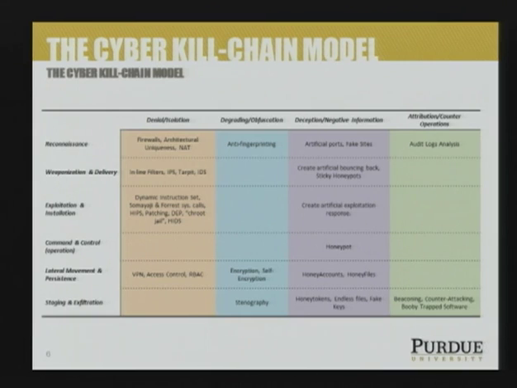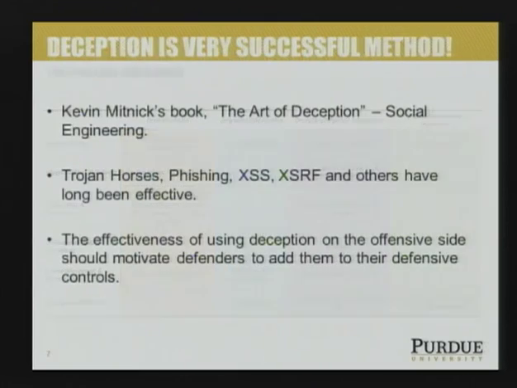If I detect at the reconnaissance stage that someone is using a port that I put there just to catch scanning, I can then direct them to a honeypot or a more fake system, and let them delve deeper in the cyber kill chain, and attribute them more and learn more about them, instead of simply breaking the chain and telling them, hey, I detected you, try to use a different method.